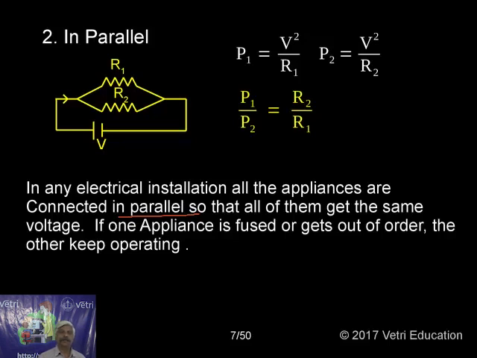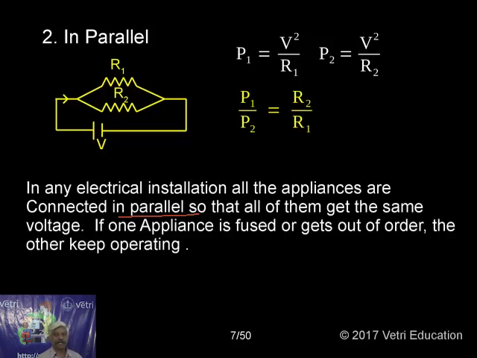In any storage system, bulb, or electrical instrument, there is a rating printed: 220 volt, 40 watts; 220 volt, 1000 watts; 220 volt, 500 watts. In all of them the power may differ. What about 220 volt? That is a common voltage. If the voltage is common, that connection is called a parallel connection.